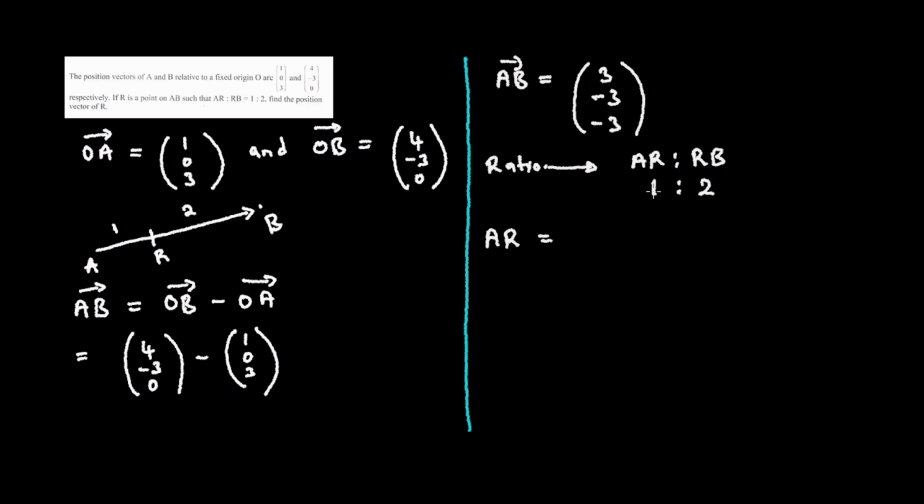Tinotora the value associated with AR anova 1, tatora value associated with AR to that over the total ratio, which is 1 plus 2 ndi 3. Saka part kana kuti portion ya AR anenge ari 1 over 3. But remember kuti this 1 over 3 is going to multiply AB, which is 3 minus 3 minus 3, like this. Murukupaona. Saka AR, it's a third of AB.